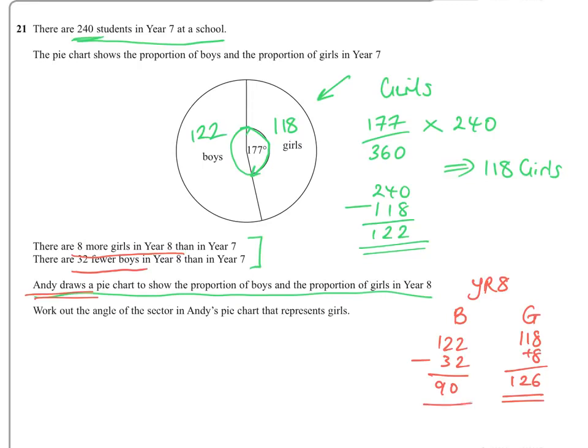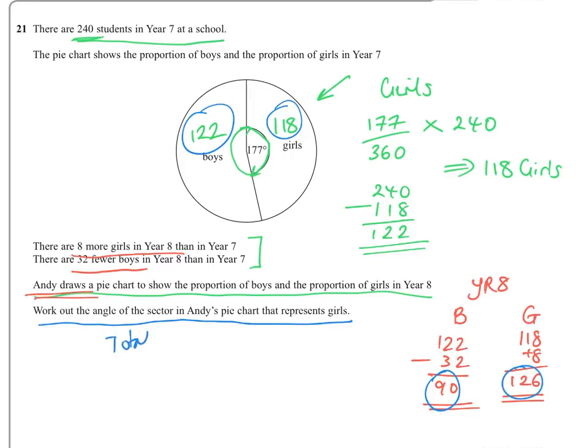So that's going to give 90 in total. So now let's be careful. Work out the angle of the sector in Andy's pie chart that represents girls. So in Year 7 we had a total of 240, but in Year 8 we've got a total of, and again use your calculator if you need to, 126 plus 90 is 216.